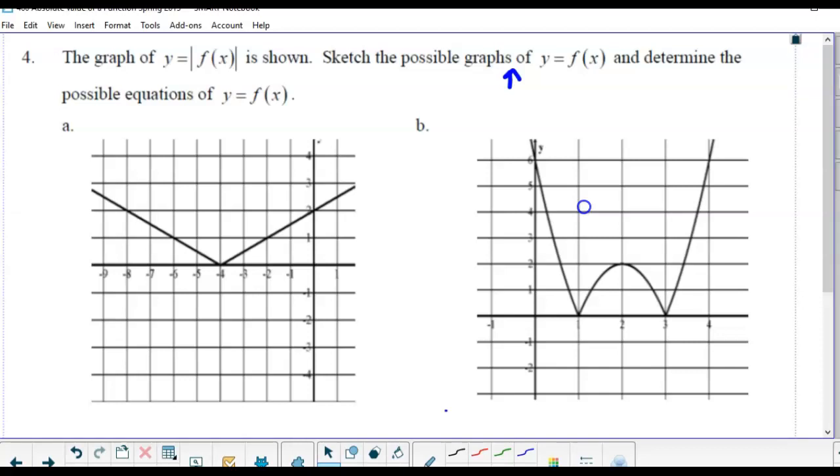So remember, given a function, when we take the absolute value, anything above the x-axis stays the same. When you take the absolute value, anything below gets reflected above. I'll use a line here.